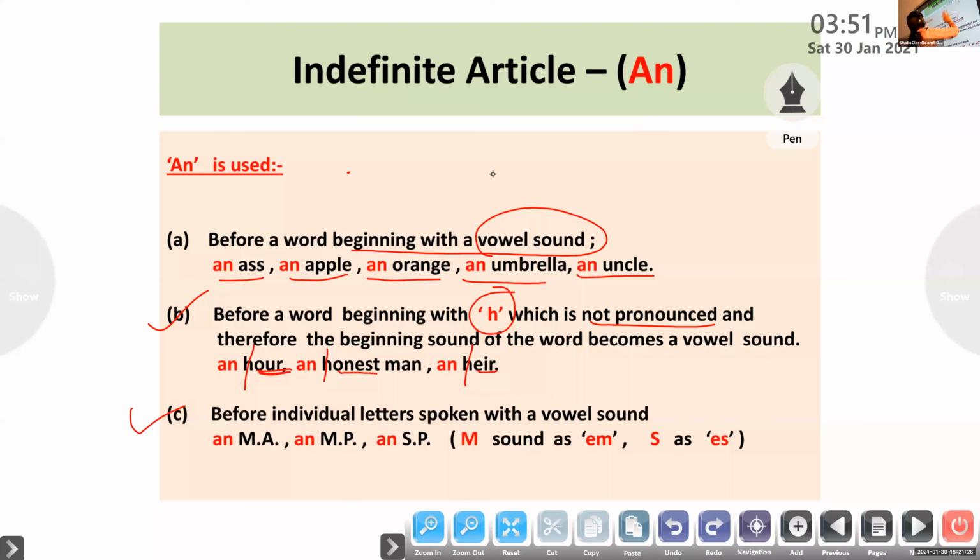A monkey and an MBA, because the word monkey starts with the consonant sound M. As you all know, there are some consonant sounds in the English alphabet: B, S or K?